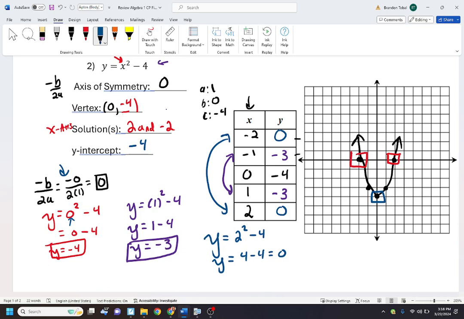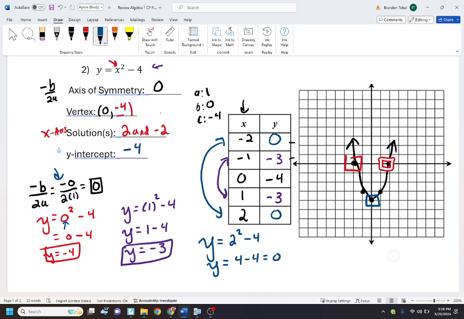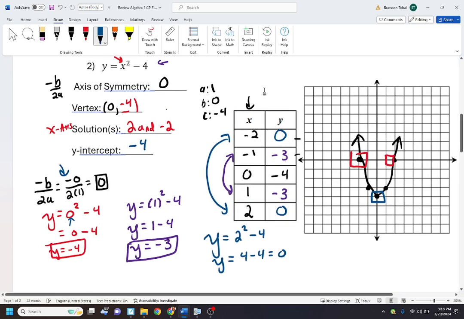Look at the x-axis, not on the graph sheet, but on the table. Yes, the table.